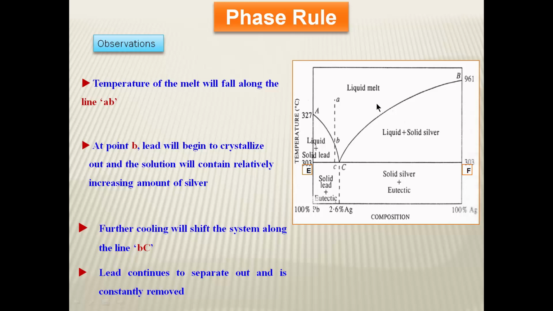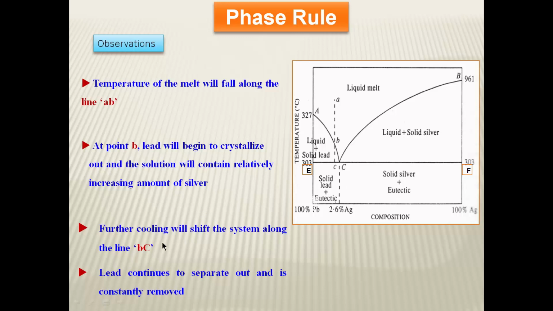In that original melt, we had 0.1% of silver, for example, and the rest was lead. Since at point B the solidification of lead has started, the composition will no longer be the same as we took for the original melt.